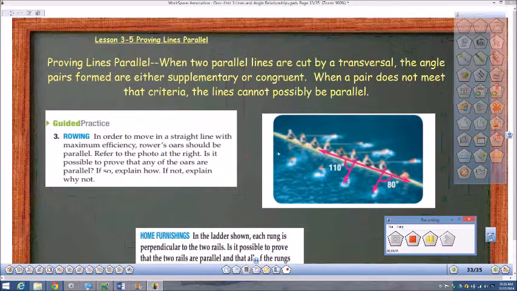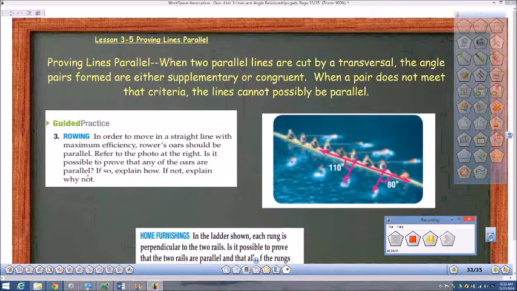So let's look at our rowers here. We've got one guy that's rowing at a 110 degree angle, and we've got another one that's rowing at an 80 degree angle. These would be consecutive exterior angles if we had such a thing, and we know that they would have to be supplementary. But 80 plus 110 is not 180 degrees, so they are not parallel. It cannot possibly be.